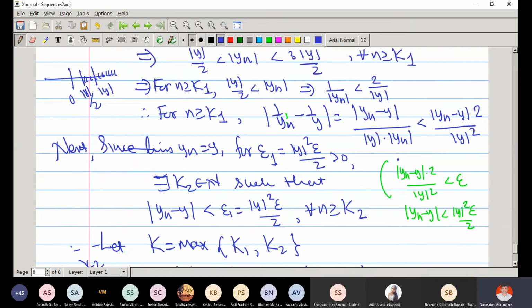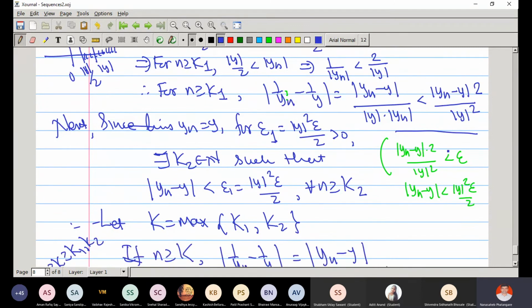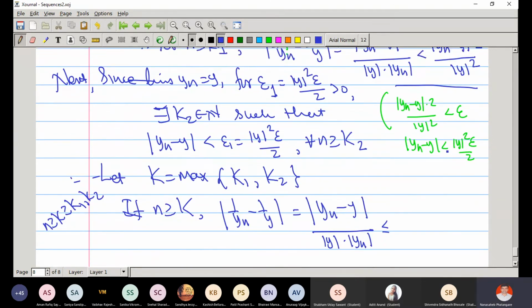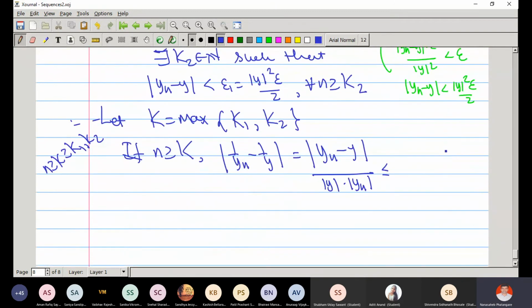See this step. Since n is greater equal k1, this quantity is less than y square epsilon by 2 upon y square into yn minus y.